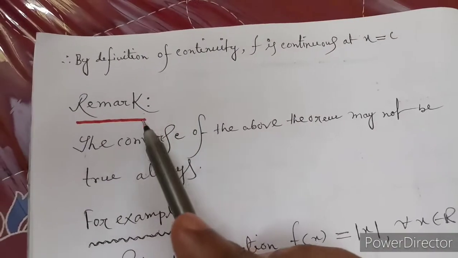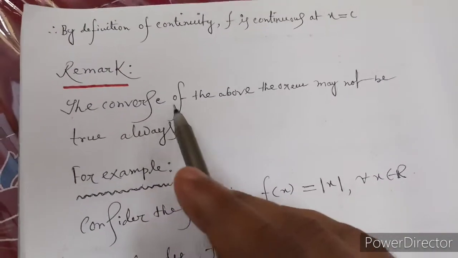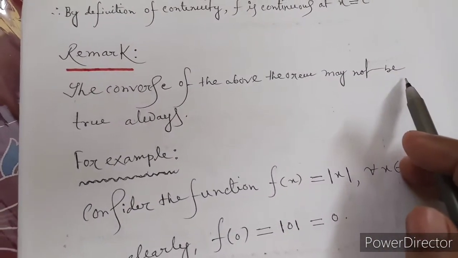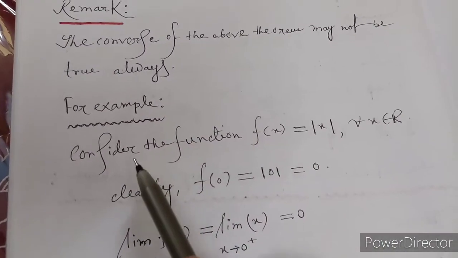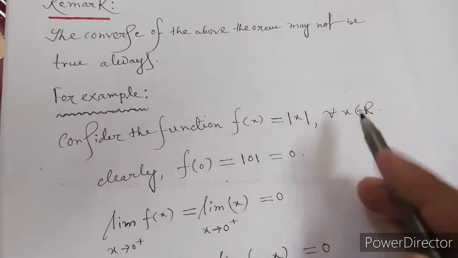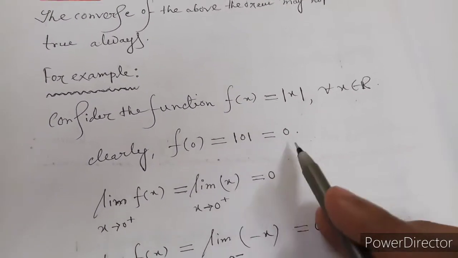Now a remark on the previous theorem: continuity may not imply differentiability. How to show it? For example, consider the function f of x equal to mod x for all x belonging to R. That means the domain is R. Clearly mod 0 is equal to 0.